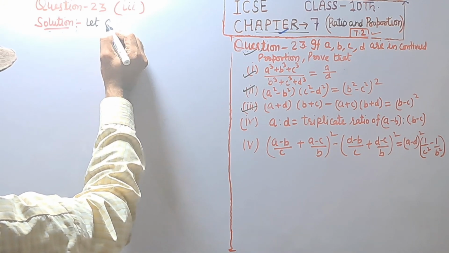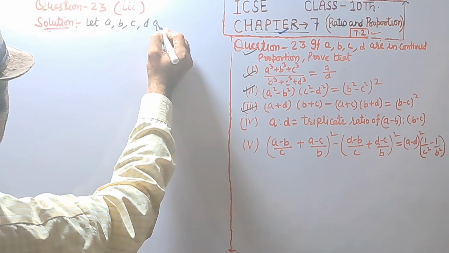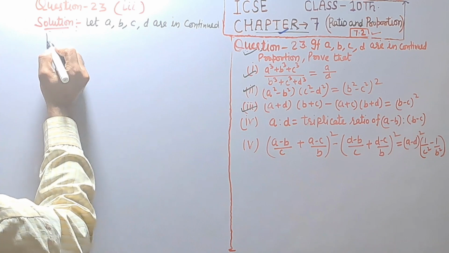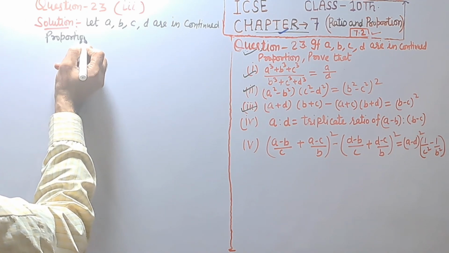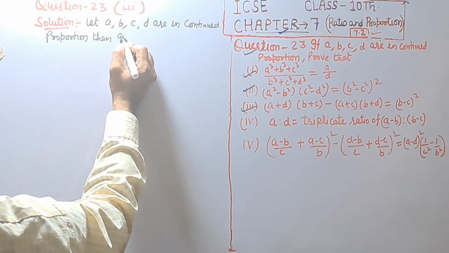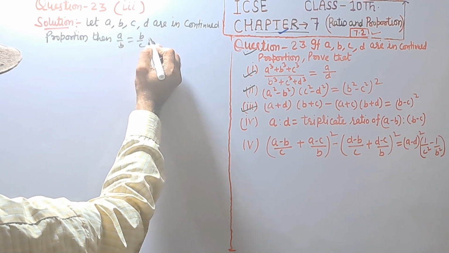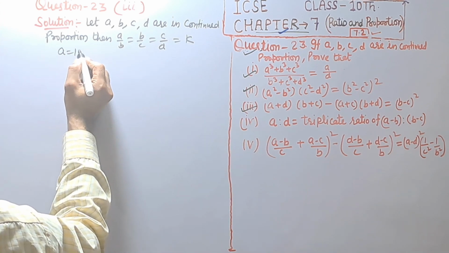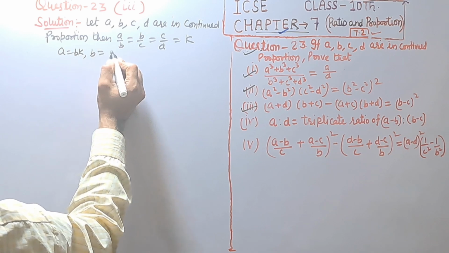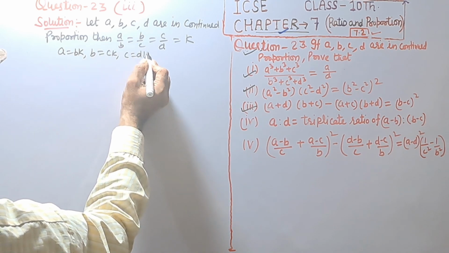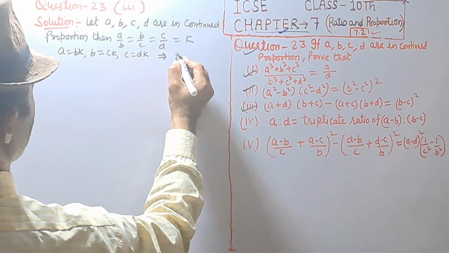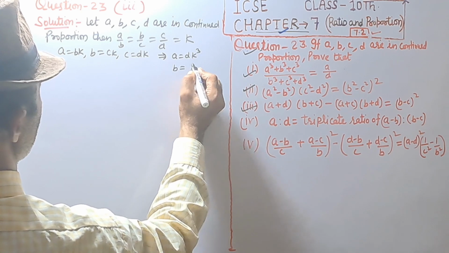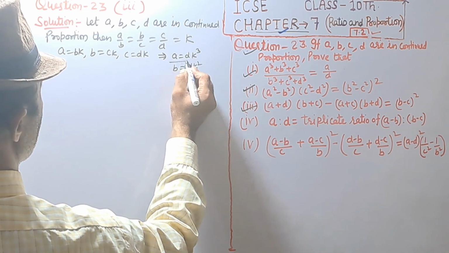Let a, b, c, d are in continued proportion, then a/b = b/c = c/d = k. a = bk, b = ck, c = dk, which implies we get the value of a = dk³ and b = dk².